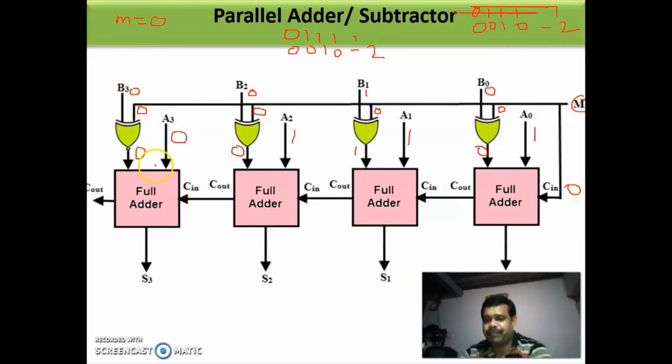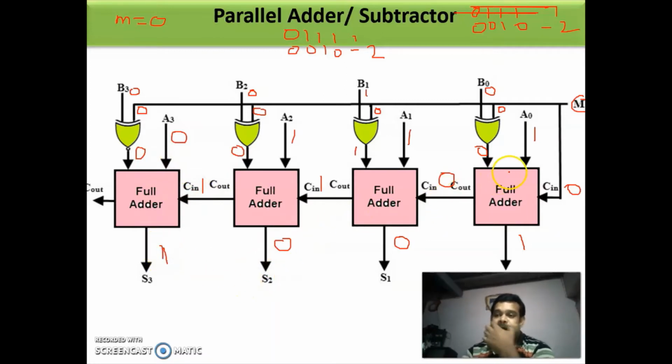Next, this is a full adder. It will add these three: 0, 1, 0. 0 plus 1 plus 0 is 1, carry is 0. So 0 plus 1 plus 1: 1 plus 1 is 1, 0, carry is 1. So 1 plus 1 plus 0 is 1, 0, carry is 1. So 1 plus 0 plus 0 is 1.